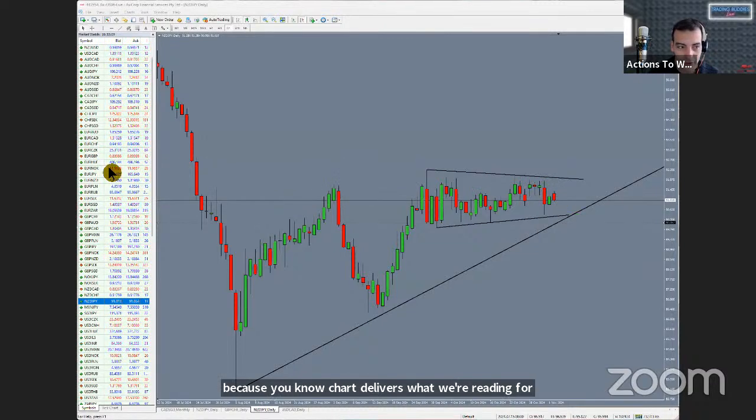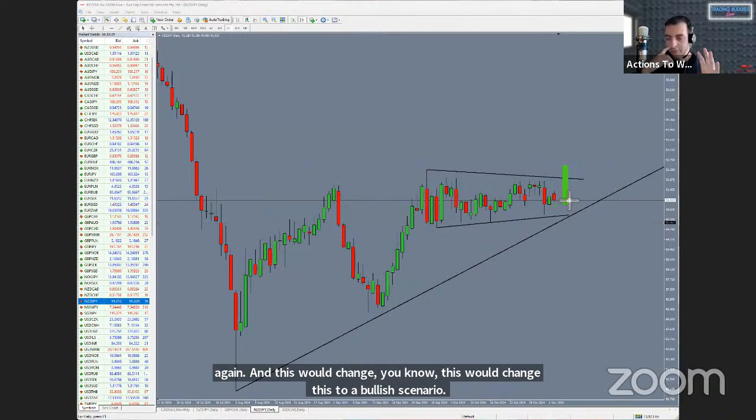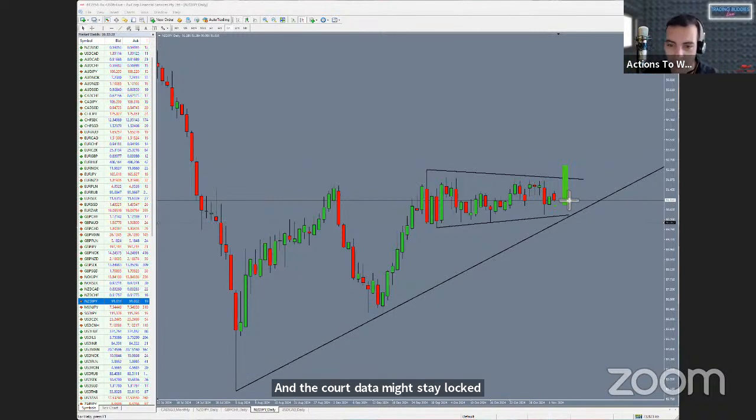What I can't do is trade in this particular area, because this could quite easily happen. We might get a situation where we go from there right the way back up again, and this would change this to a bullish scenario. The COT data might stay locked, but actually the Kiwi this week is really strong seasonally.